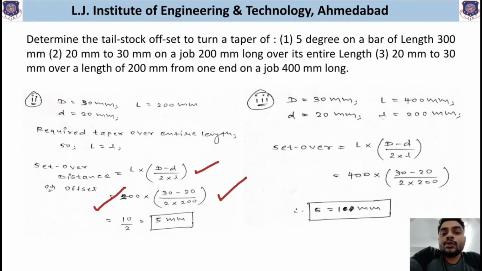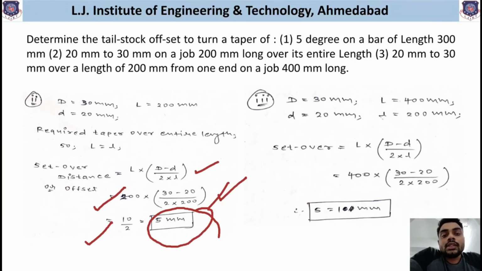Here we need to provide a taper over its entire length, and entire length is nothing but 200 mm, so we will write it as 200 mm. Now just solving this equation you will get 10 divided by 2, that is equal to 5 mm. So this is the required offset for this second condition.